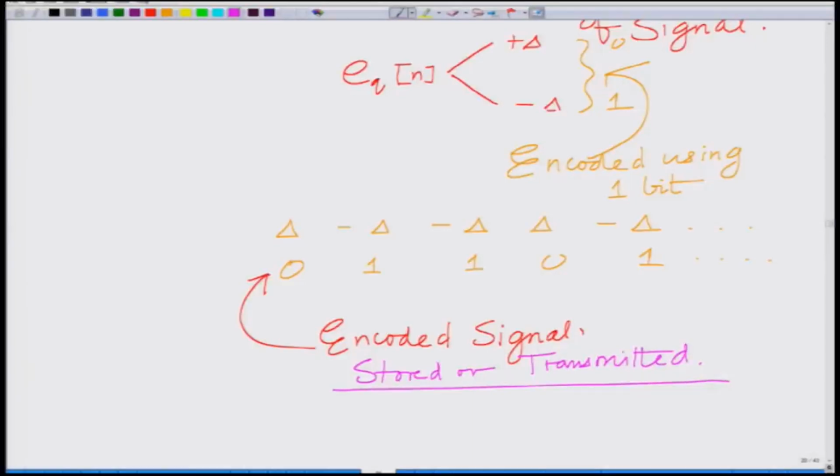For the purpose of storage, we are now achieving compression, because we are able to use only one bit to characterize the signal. So remember, this also gives us compression. It is an efficient way not just to quantize and represent the signal, but also to compress it, since we are using only one bit.